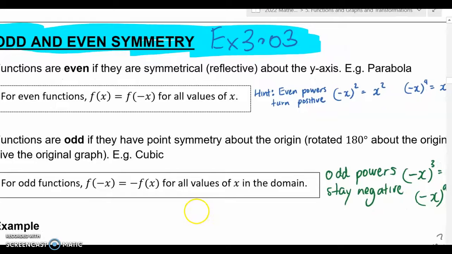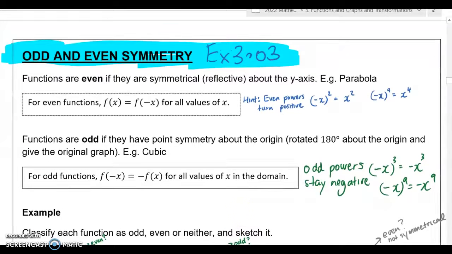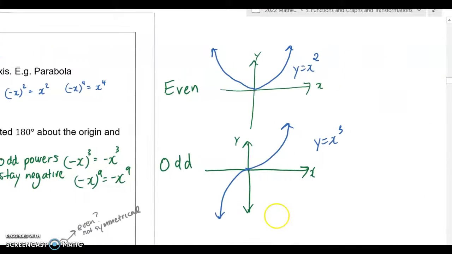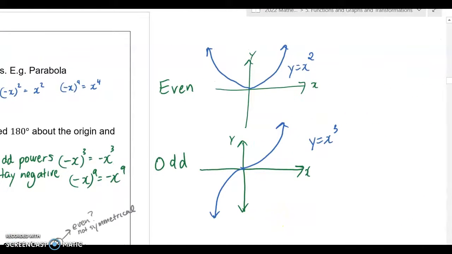A function is odd if it has what we call point symmetry about the origin, i.e. it's rotated 180 degrees about the origin and gives the original graph. So let's have a look. A good example of this is the cubic. So here's the graph of y equals x cubed.